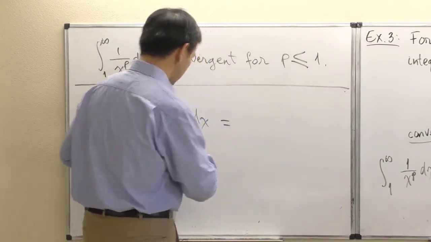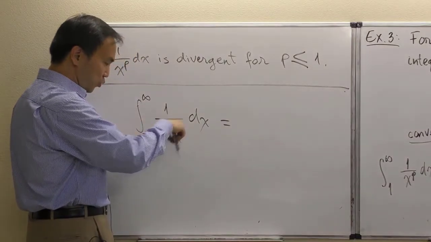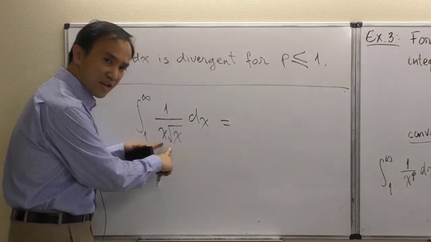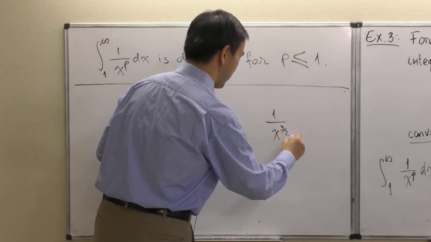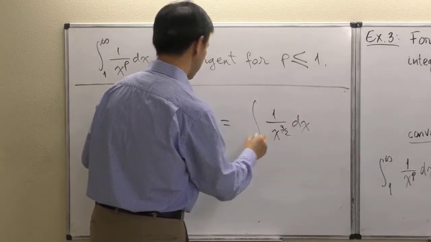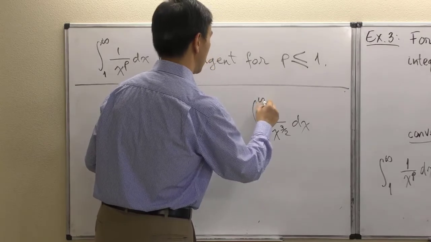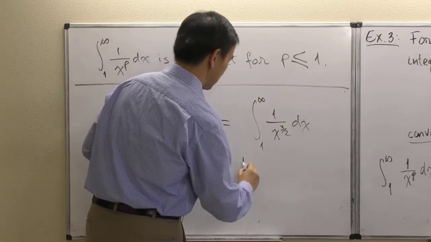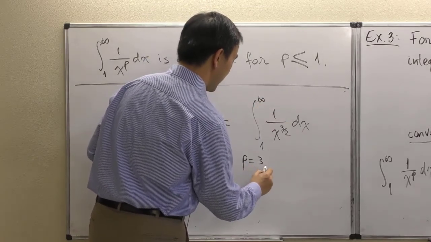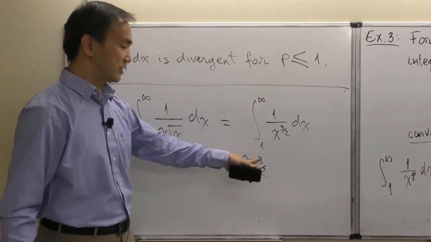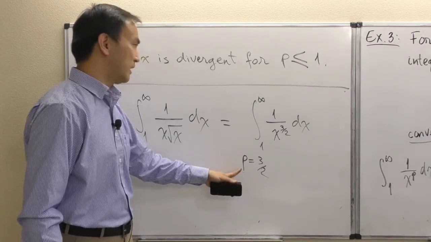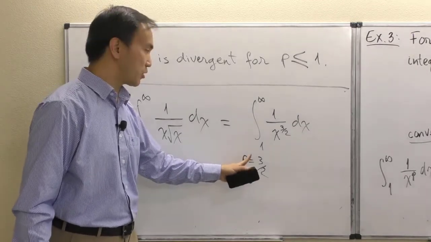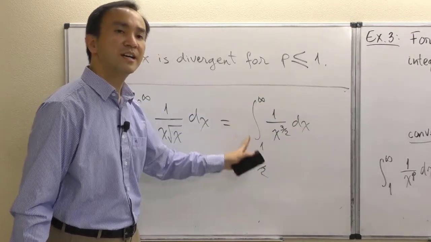Then you can see that x times square root of x right here is the same as x to the 3/2 power. And so now this is your value for p right here. p equals 3/2, which is greater than 1. And anytime the value of p is greater than 1, this integral will be convergent.